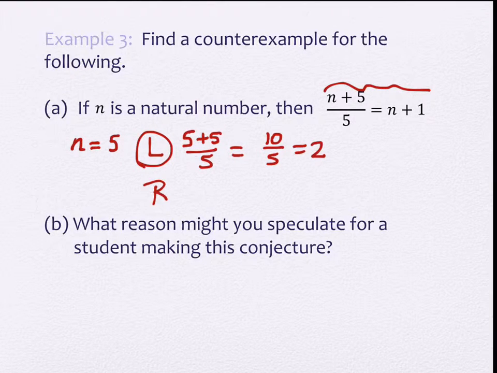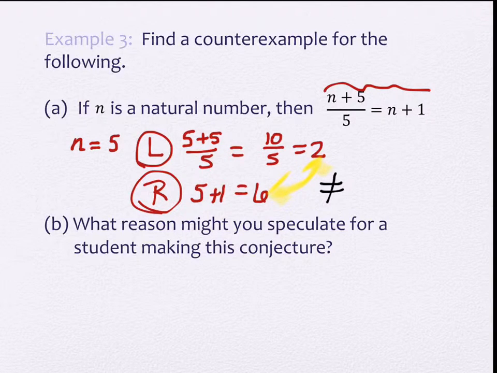And then I'm going to do the right-hand side. So the right-hand side says I should be taking n, which is 5, plus 1. What is 5 plus 1? 6. And the last time I checked, and the last time you did too, these are not equal. Right?